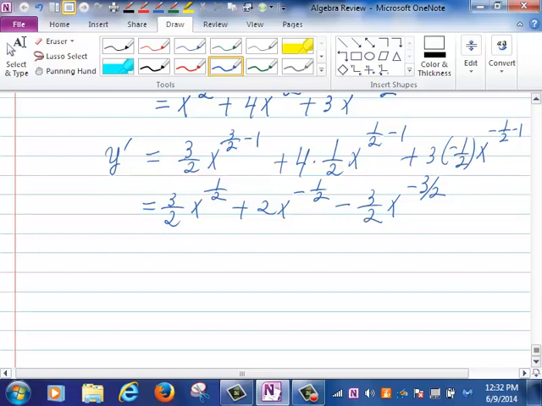Okay, section 2.3. 1 to 22 odd, 25 to 44 odd.